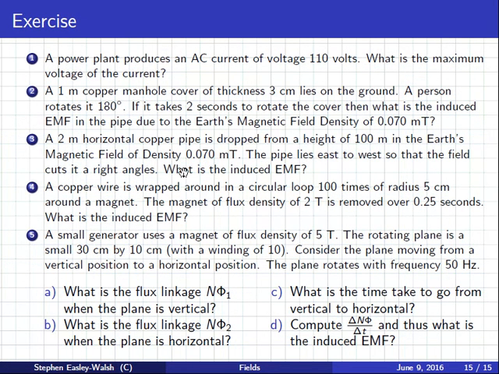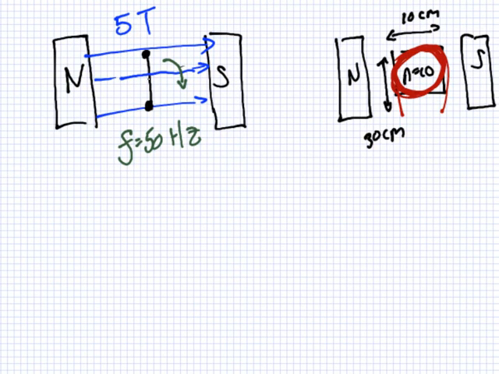First question, what is the flux linkage when the plane is vertical? Which is like this one here. Okay, so we have our formula. What is it? NBA, isn't it? Flux linkage is NBA.